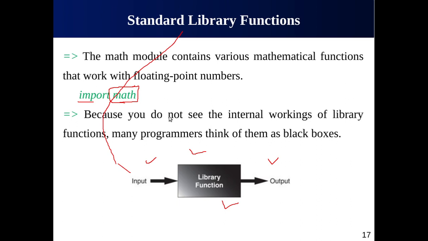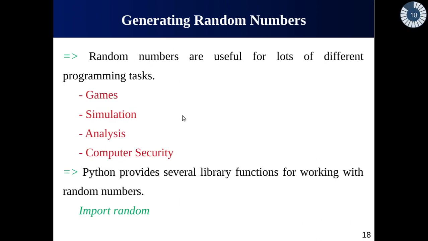We will first see how a value returning function works by looking into the standard library functions, and for that we will see random number generators. So, generating random numbers. Random numbers are useful for lots of different programming tasks. The following are just a few examples.